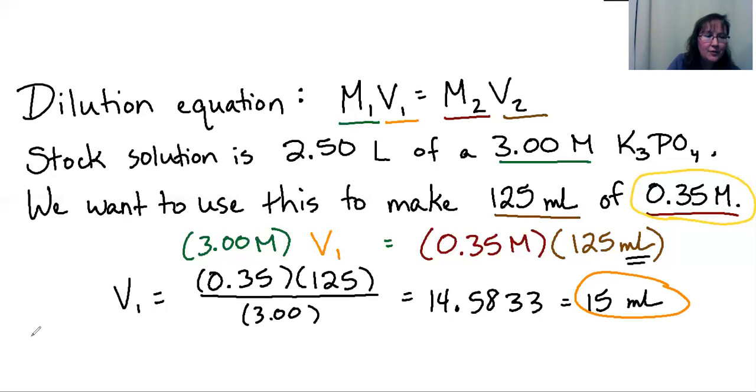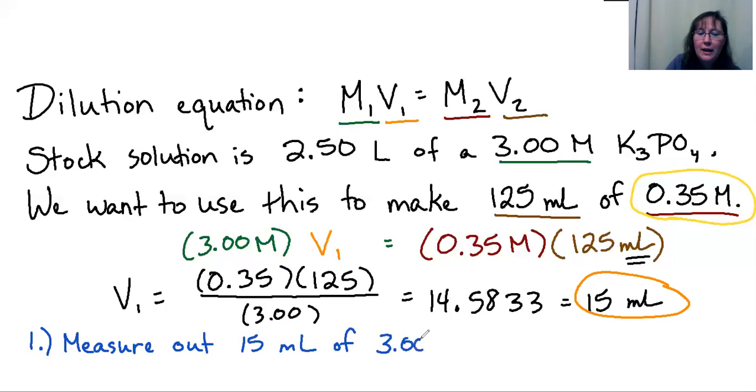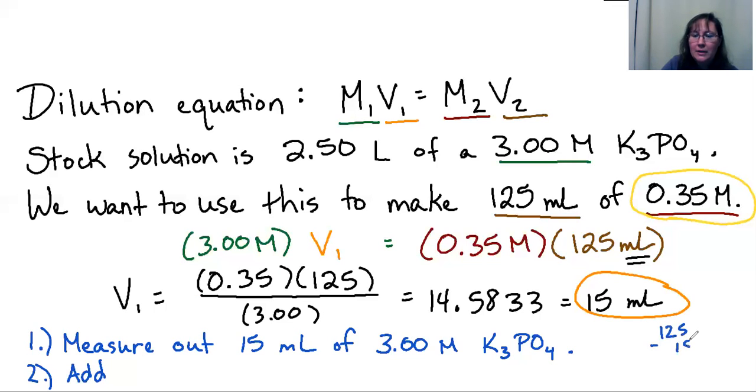So the dilution steps for this might read, step 1, measure out 15 milliliters of our 3 molar potassium phosphate solution. And step 2, add. Notice that we want to make 125 milliliters, so we say 125 minus 15 is 110.